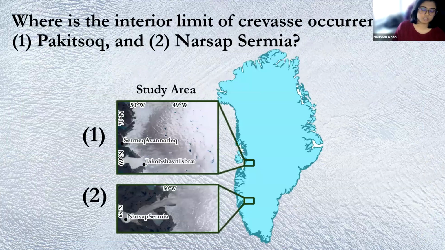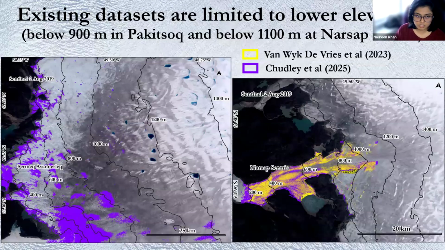All right. So for our question, we're going to focus on these two areas in Western Greenland: Pakitsoq in central Western Greenland, and southwestern Greenland, north of Narsap Sermia. Currently there are two wonderful data sets available for crevasse detection, from Max in 2023 for north of Narsap Sermia and Tom Chudley in 2025 all over the Greenland ice sheet margins.